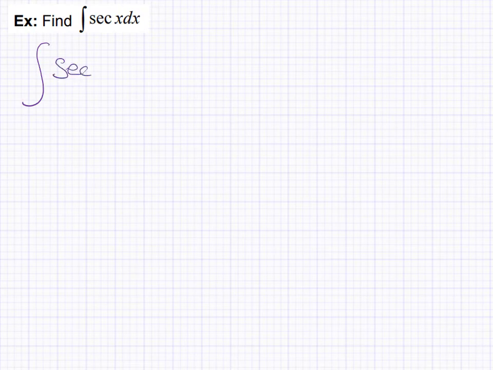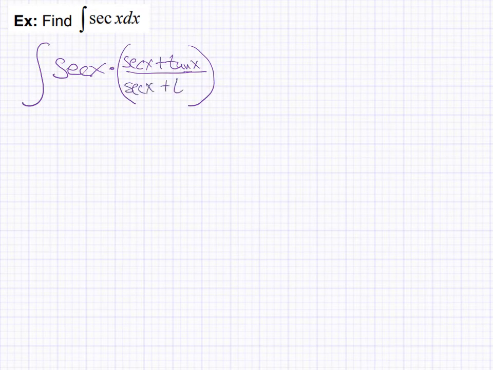So I have secant x, and then I'm going to multiply by a fraction that is equal to 1. So the numerator and denominator will have to be the same. So it's going to be secant x plus tan x over secant x plus tan x dx.